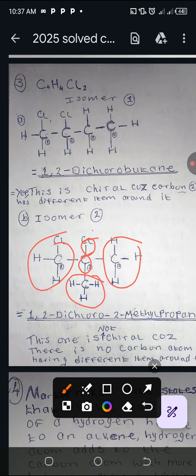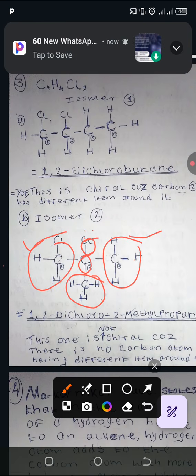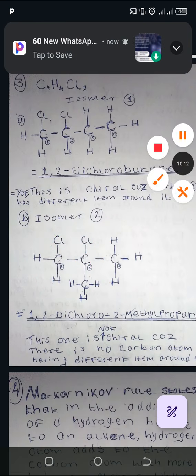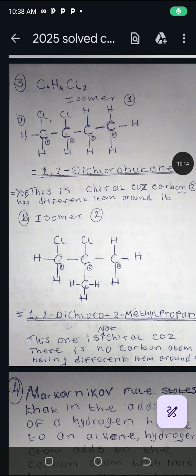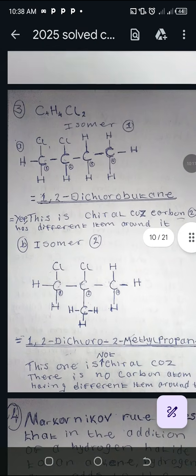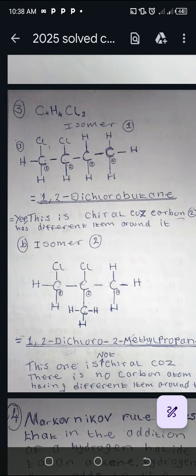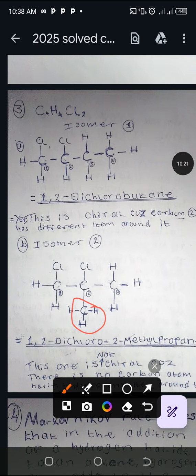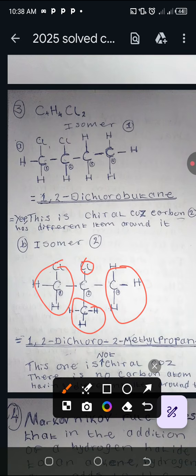Now, I know that chlorine and hydrogen are different things, right? But when you see this and this here, these two structures are the same. Oh no, let me just analyze again. Let me circle again the structure surrounding the carbon.